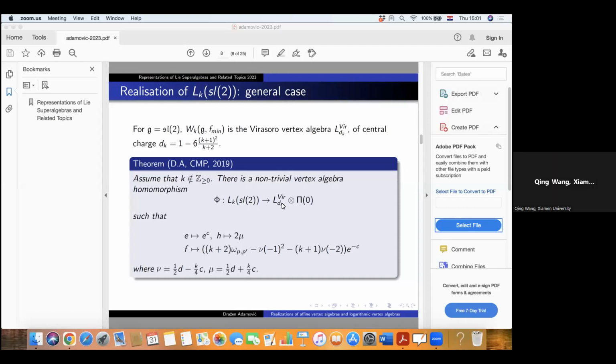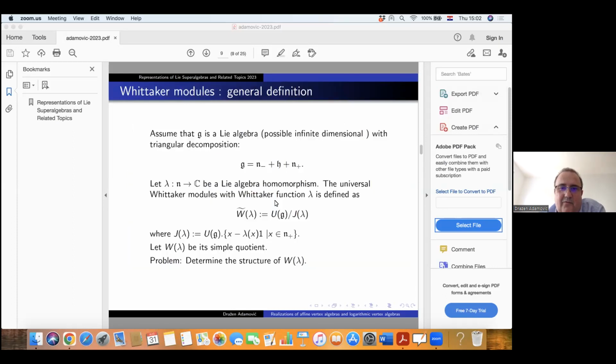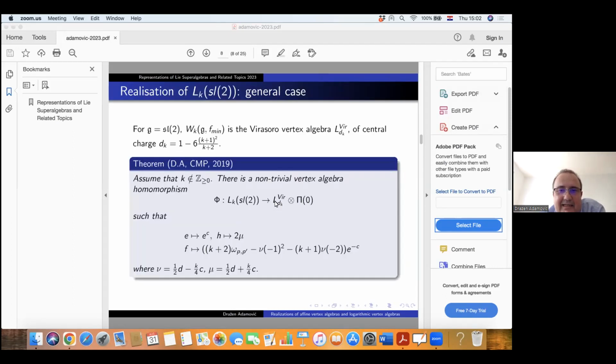So in this theorem, you should exclude the critical level case, right? We did do the critical level, where this is one dimensional. In critical level SL2, I didn't include this, but for the universal one we can put the W algebra at the critical level.